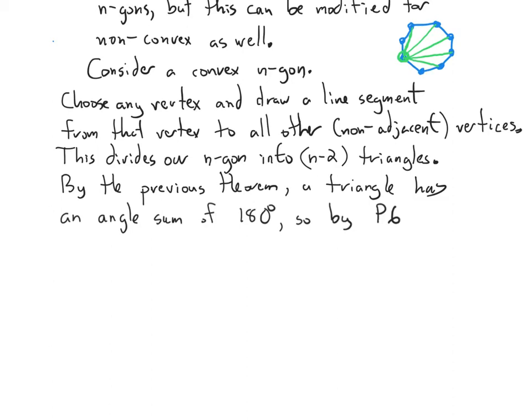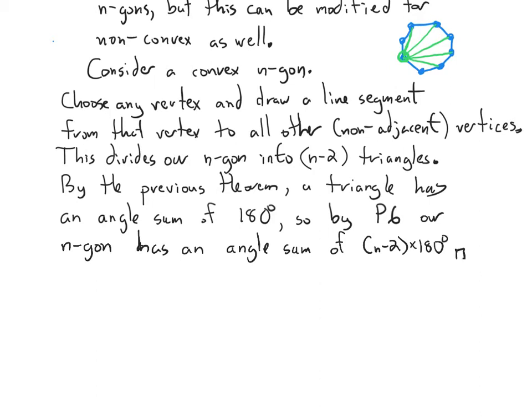So by postulate 6, our N-Gon has an angle sum of n-2 times 180 degrees. And that is that result. So that's fantastic.